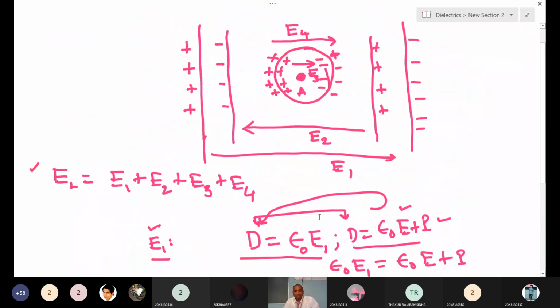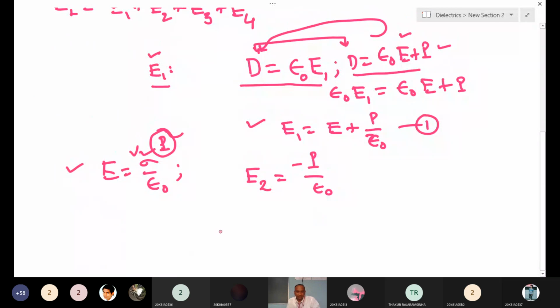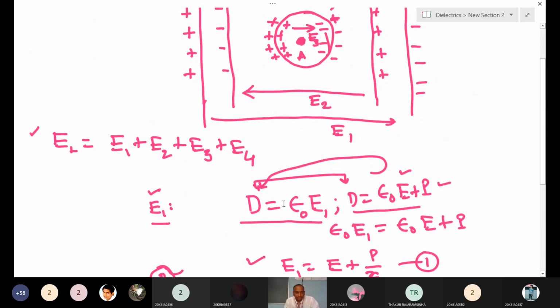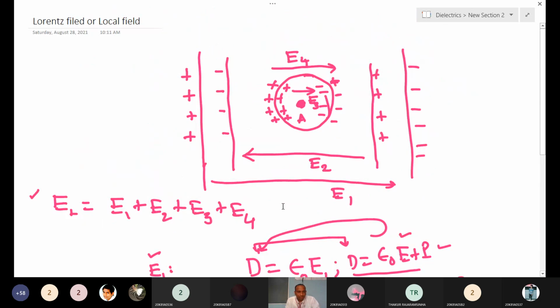Now the next one is E3. So we have to estimate the E3 electric field. Here you see, suppose inside, if you take any atom, where one plus charge is there, another negative charge will be there.